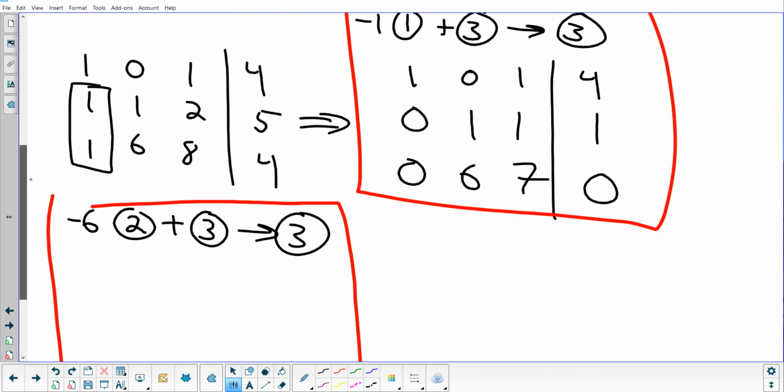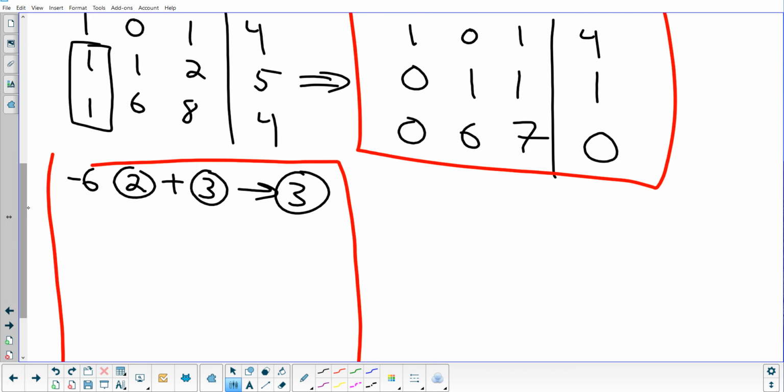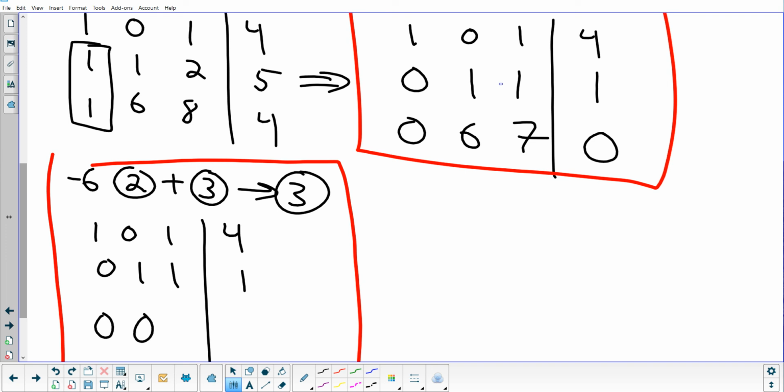All right, so what's not changing? Rows 1 and 2. 1, 0, 1, 4. 0, 1, 1, 1. Now, negative 6 times the second added to the third. Okay. 0 times negative 6 plus 0 is 0. 1 times negative 6 plus 6 is 0. 1 times negative 6 plus 7 is 1.